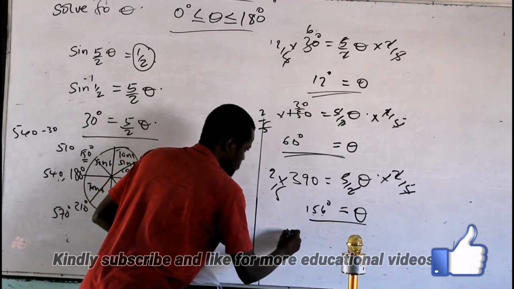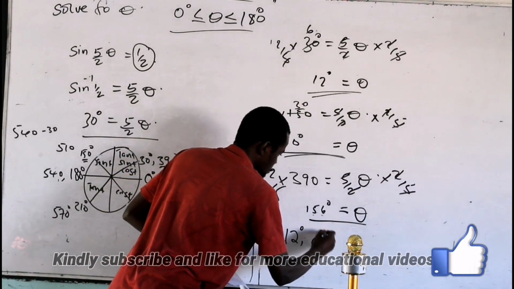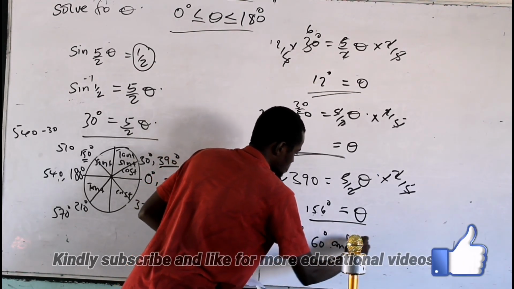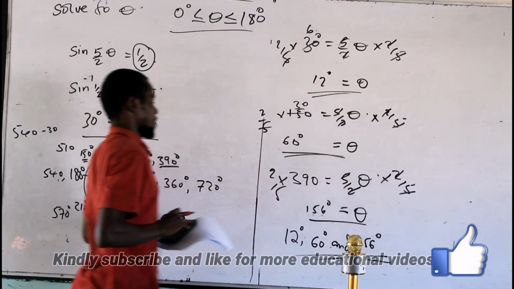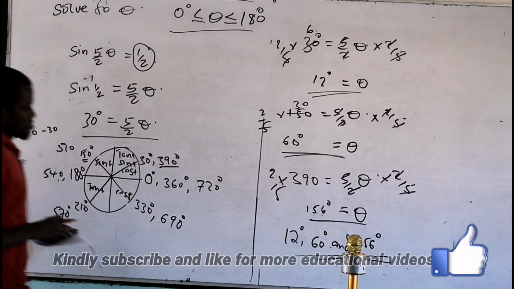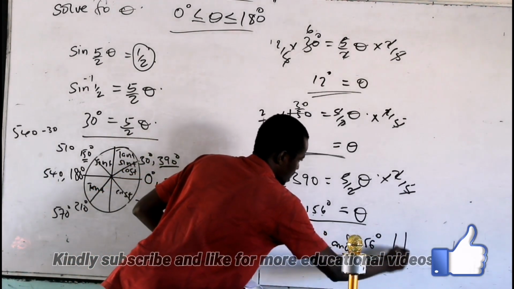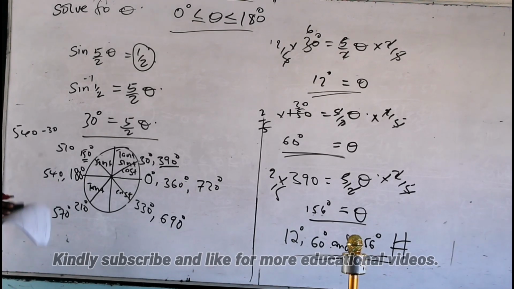So it clearly indicates that the values of theta will simply be 12 degrees, 60 degrees, and 156 degrees. Those are the values of theta. That is the point we stop at. That becomes the end of our working.